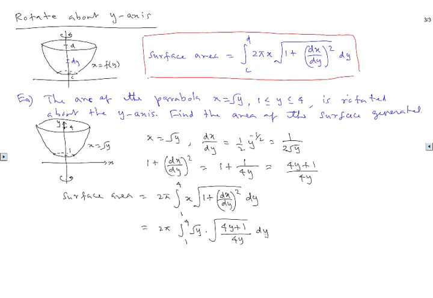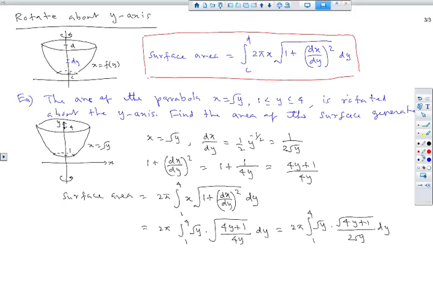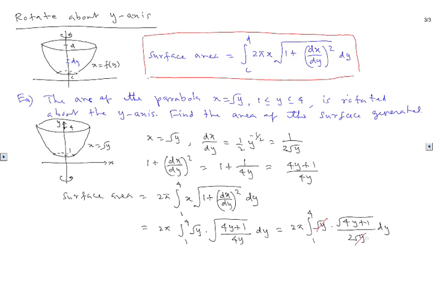So you can see that everything is in terms of y, so you can integrate, but we can do some simplification as before. So we have 2 pi and then the integral from 1 to 4 of square root y, then we can write this as the square root of 4y plus 1 over 2 square root y, dy. You can see that square root y cancels square root y, and 2 cancels with 2, so you're going to get pi times the integral from 1 to 4 of the square root of 4y plus 1.